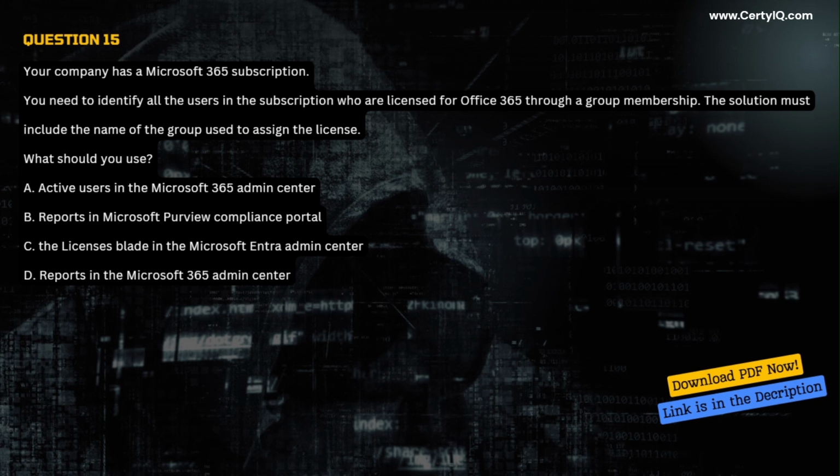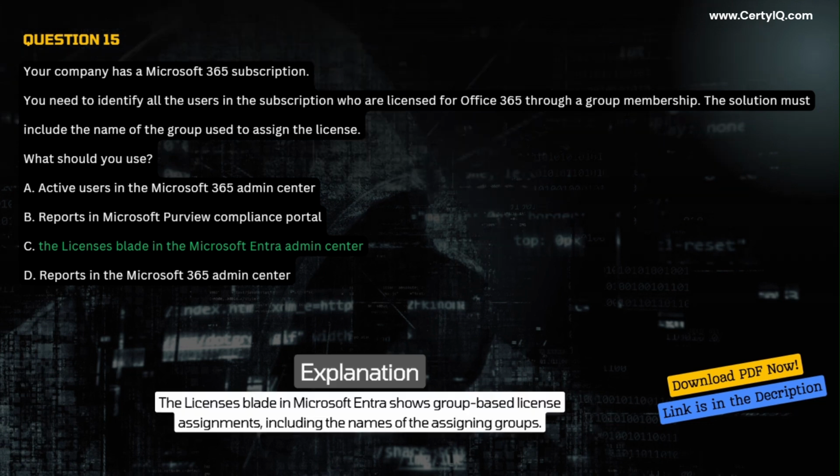C. The licenses blade in the Microsoft Entra Admin Center. D. Reports in the Microsoft 365 Admin Center. Correct answer: C. The licenses blade in the Microsoft Entra Admin Center. Explanation: The licenses blade in Microsoft Entra shows group-based license assignments, including the names of the assigning groups.